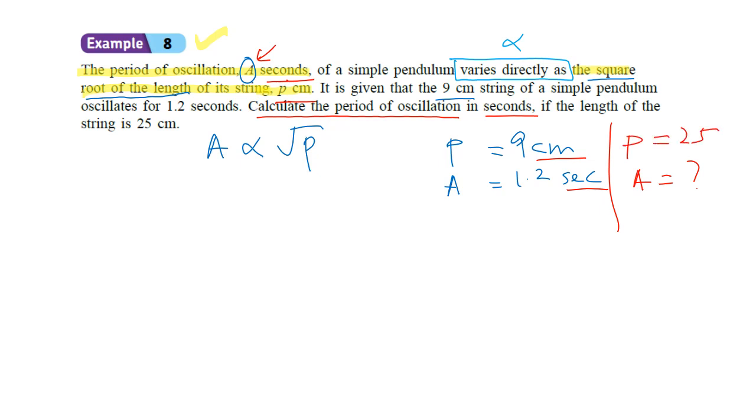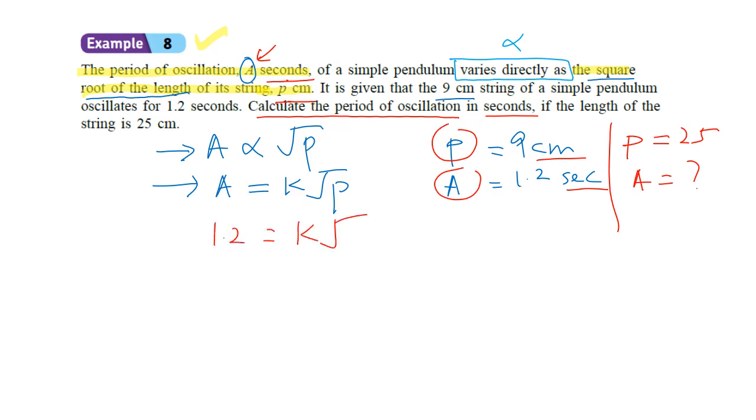Okay, so what do you do? You change this into equation form: A equals K times square root of P, and then you substitute your A and your P inside here. Your A is 1.2 equals K, your P is 9, so K equals 1.2 divided by square root of 9.